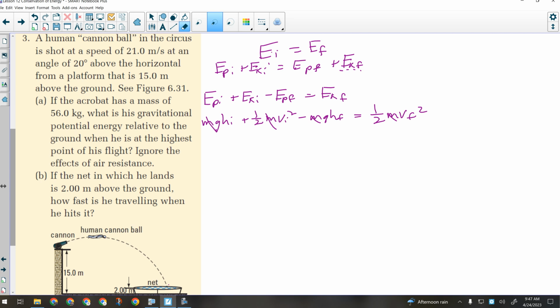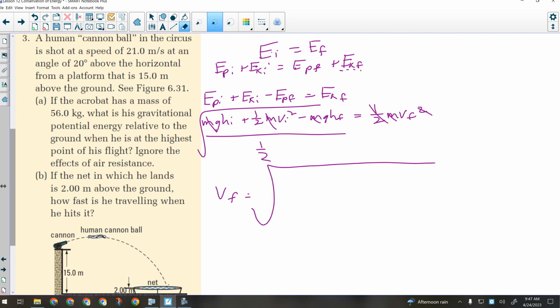So I can cancel that off, divide both sides by 1/2 and square root, and I'll have VF. Now the initial height they told us is 15 meters. The diagram shows that. So I'm just going to put in 9.81 times 15 meters plus 1/2 times my initial speed. What's my initial speed?